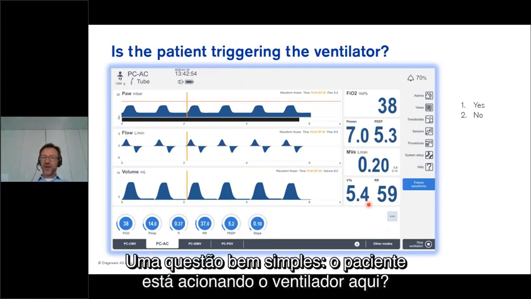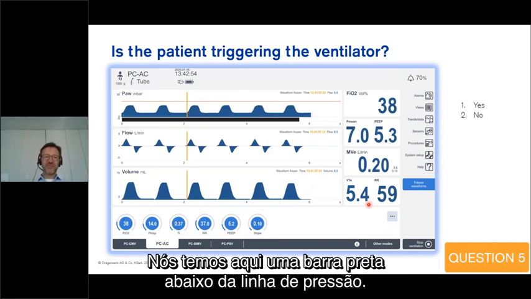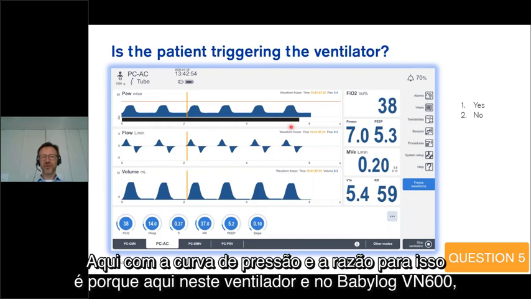Next question, a very simple question. Is the patient triggering the ventilator here? We have here a black bar below the pressure curve.